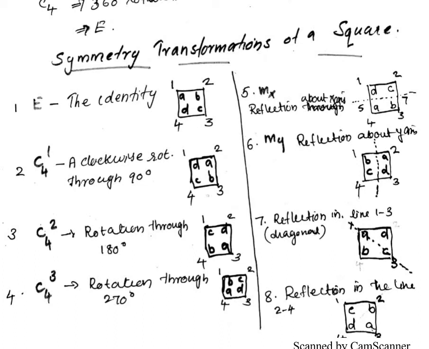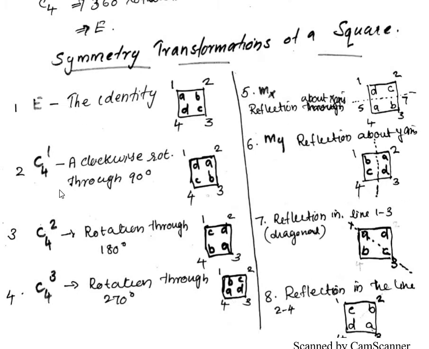AB is one diagonal, BD is another diagonal. So these 4 reflections along with the 4 rotations, all these are the elements of the symmetric transformation group of a square.